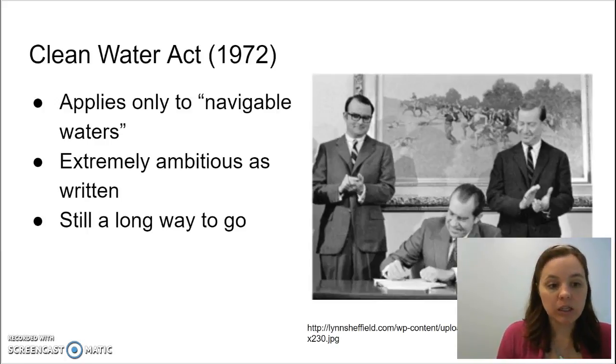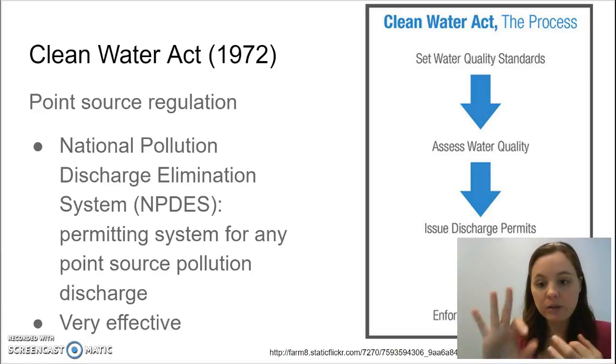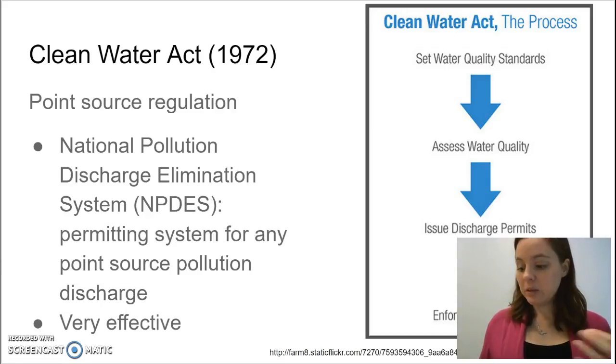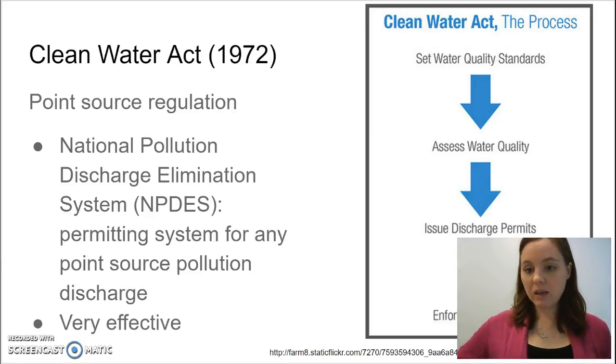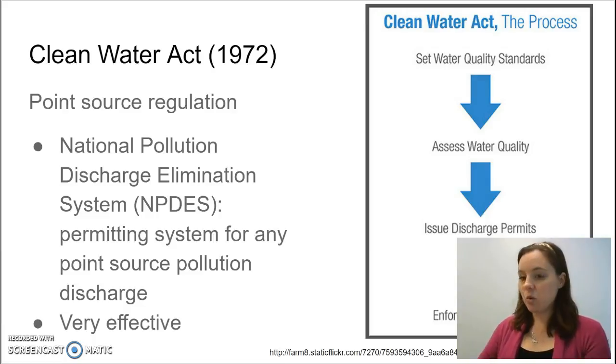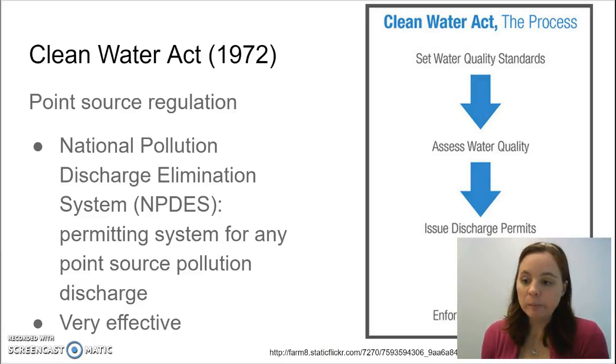All right, so the Clean Water Act has three main provisions. The first one is the regulation of point source pollution, and this is very, very effective. A limit is determined by the EPA on how much each individual point source can emit or discharge into a waterway, and that's based on whatever the current technology can do.